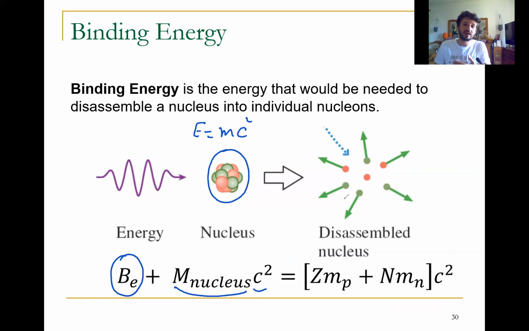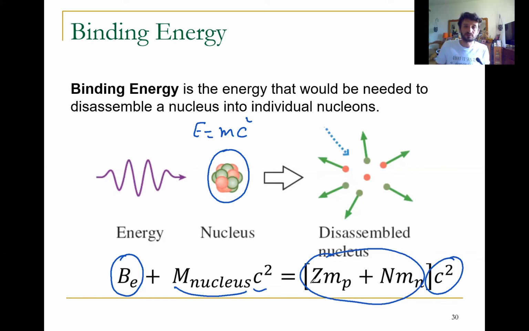And the result of the reaction will be the individual nucleons. The total energy of the nucleons equals m total of the individual nucleons times c square.